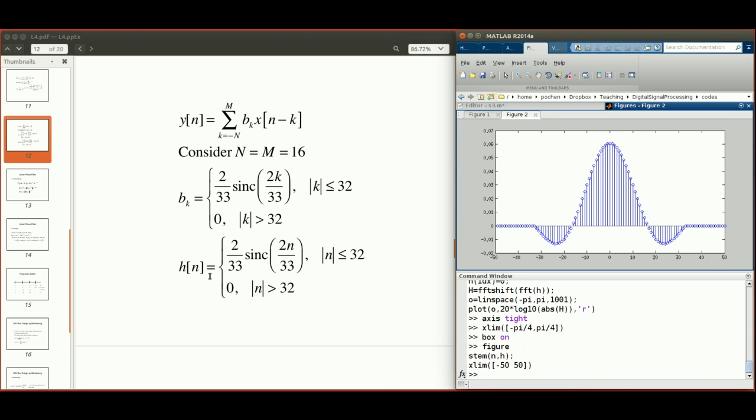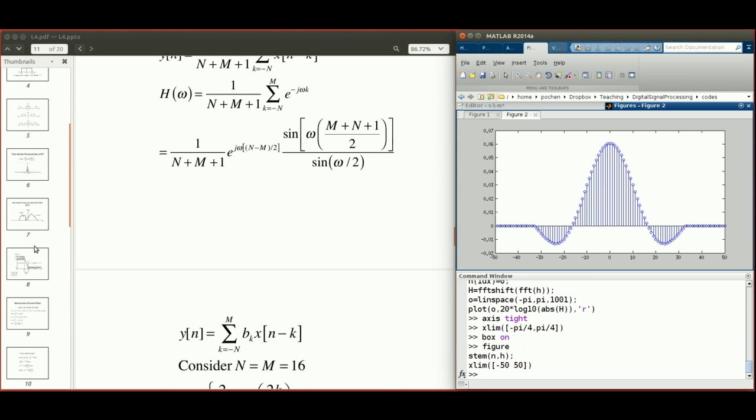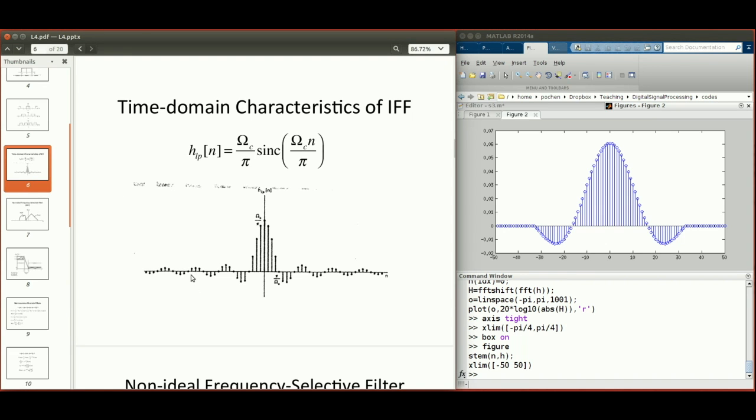So what we have done is basically we have converted this infinite impulse response low-pass filter into a finite impulse response filter, by just zeroing out some part of the sinc function. We know that this sinc function corresponds to a boxcar, a square wave in the Fourier domain.